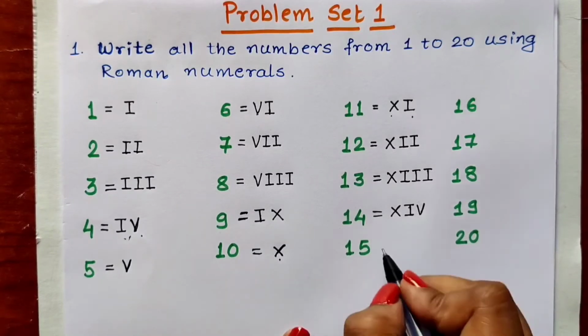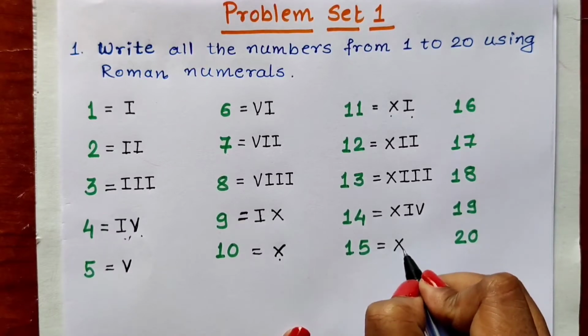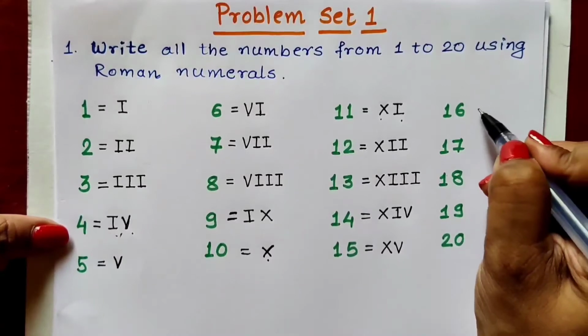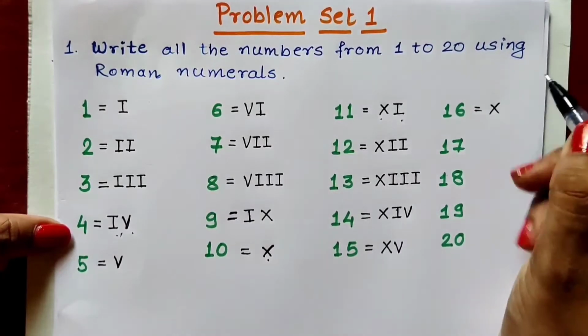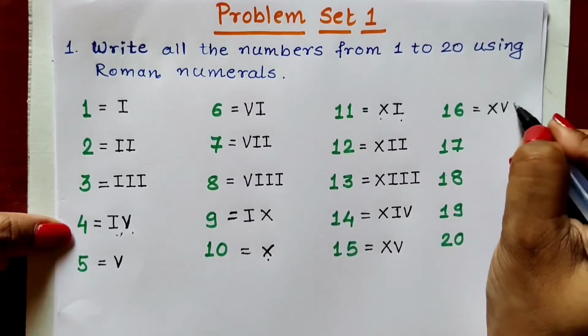Now 15. 15 means 10 plus 5. 10 is X, 5 is V. Now 16 means 10 plus 6. How to write 6?